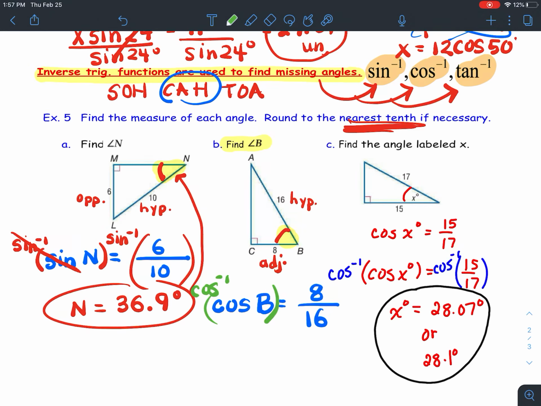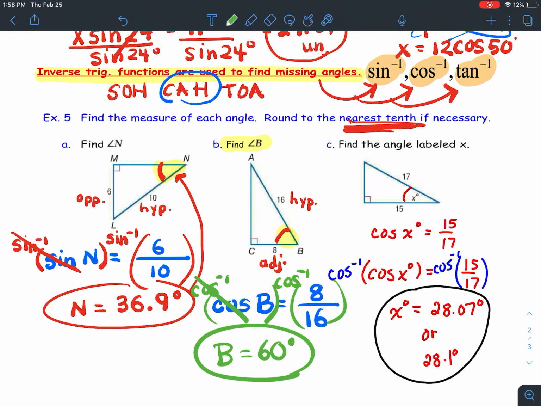Okay, I want the B by itself, so to break that off, I'm going to do the inverse cosine. Need to squeeze that in here to the left of my fraction. This is what I'm going to type into the calculator to get angle B: inverse cosine, and then type the fraction 8/16. It comes out to exactly 60 degrees for angle B.